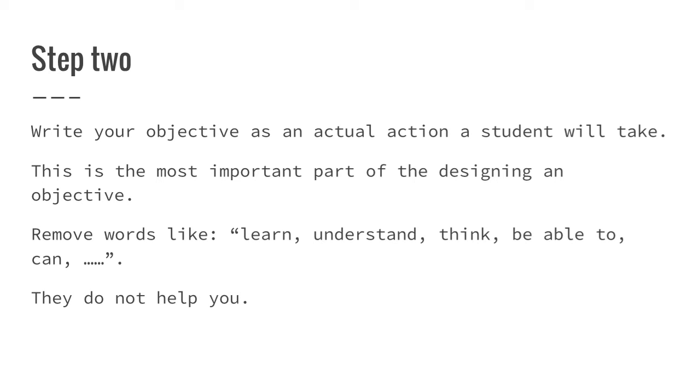What does learn mean? If I say, Jamie learns about past tense, what does that mean? It just has no meaning, right? If I change that to something like, Jamie will write a diary in past tense, it's so much more meaningful. It's so much easier to understand what is happening in that lesson. Even if you want your students to do a test, write down that is the objective.